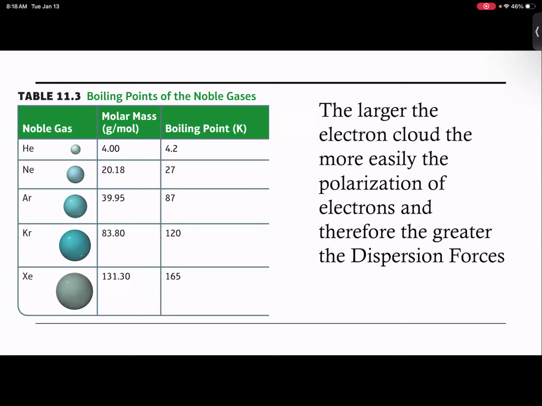Yesterday, in the lab, we talked about molar mass of the alkanes and how that impacted boiling point. As we increase the molar mass, we increase the boiling point. The same thing goes here. But you have to be very careful with molar mass.